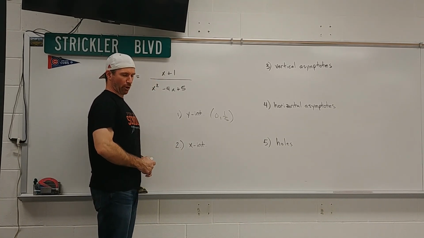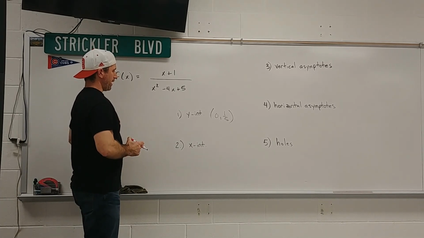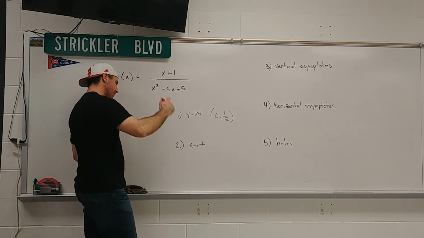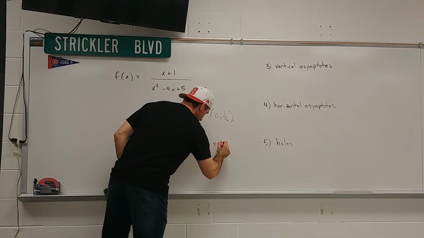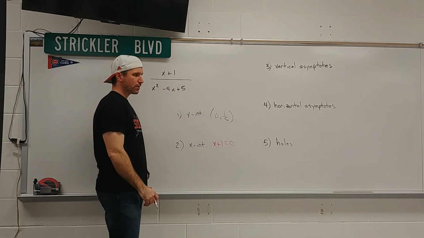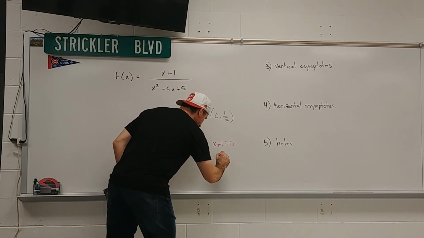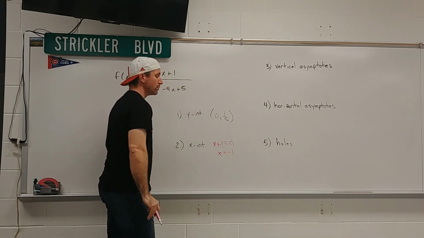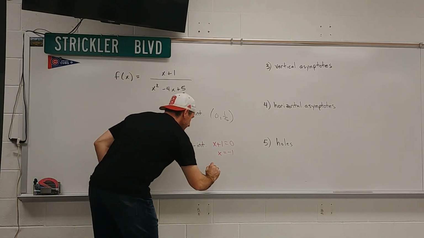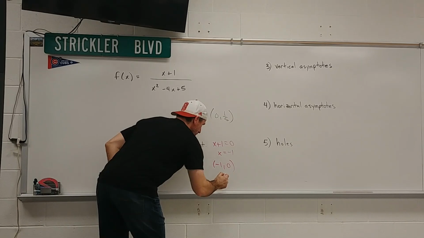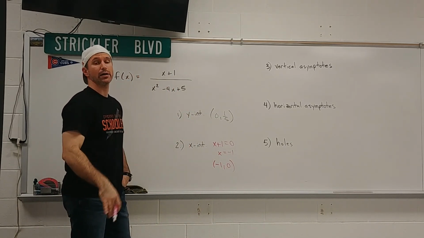No, that did not go in. All right, x-intercept. Set the top equal to 0. X equals negative 1. Don't write it like that. It crosses the x-axis. Hallelujah.